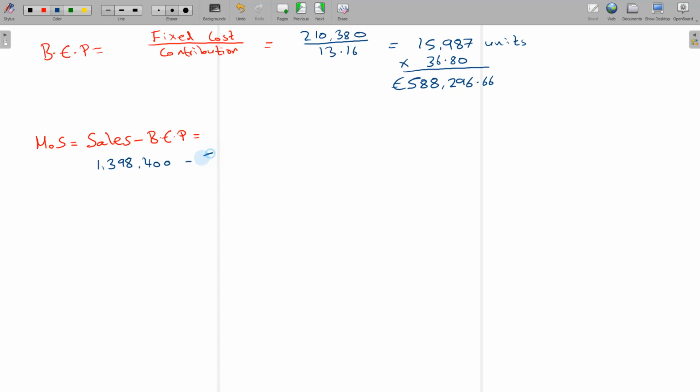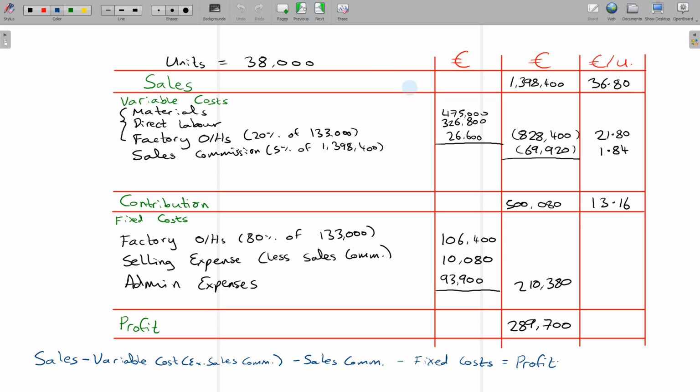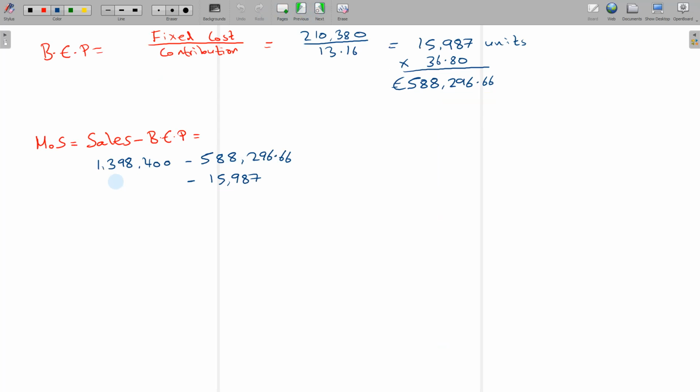We're going to take away our 588,296.66, and we're going to take away our 15,987 in terms of units from 38,000 units. And we'll get a euro figure, and we're going to get a unit figure. So here we have 810,103.34, and we have 22,013. So what is this telling me?